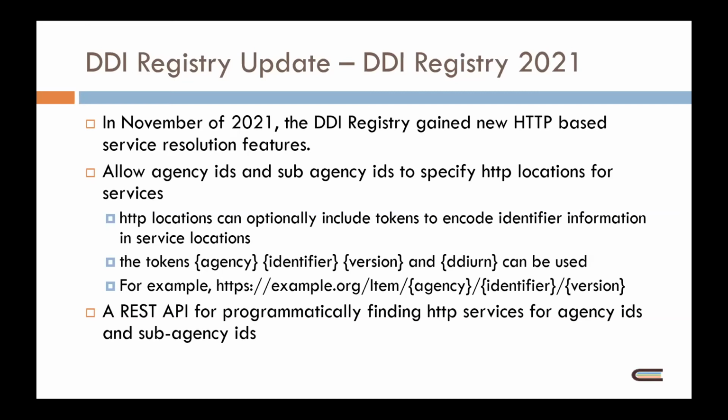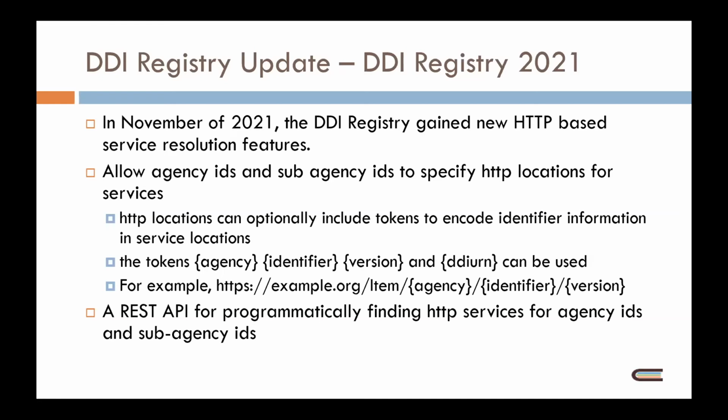So in this example, we can see that a service is located at example.org, and it's actually going to be directing you to this specific page for a specific DDI item using that agency identifier and version replacement token. So this is great because it allows resolution of individual items using HTTP.